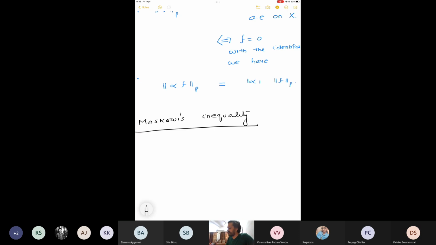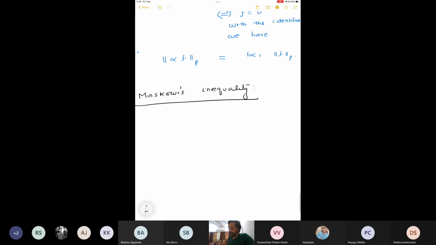What Minkowski's inequality states is the following.